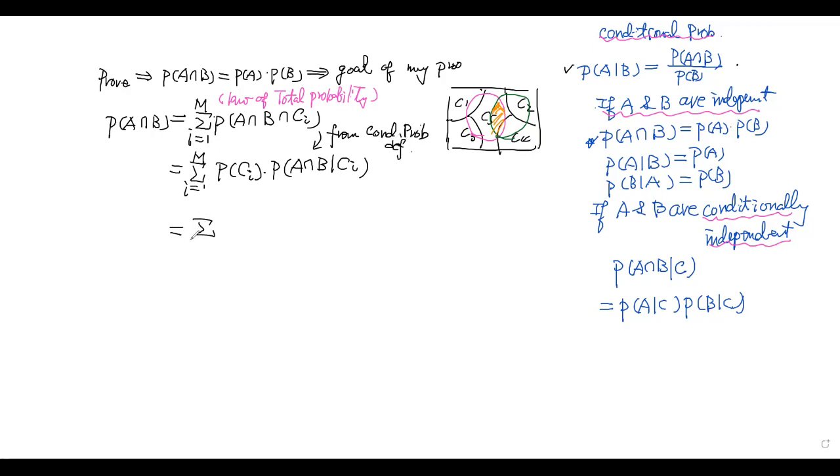The next step here is the sum from i equals 1 to n of the probability of Ci, and then these terms will be the probability of A given Ci times the probability of B given Ci. So this term changed to this term.